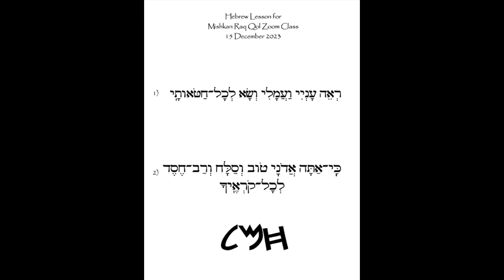Now we have a hyphenated word here. So this word and the next word, they're both going to work together. So we have a lamed, and it's pointed with vocal shva. So we have an L sound and a quick E. We know it's vocal shva. Remember, we talked about it last week. We know that it's vocal because it's under the first letter of the word. So le. Then we have a kaf, and we have a lamed, and look what we have underneath the kaf.